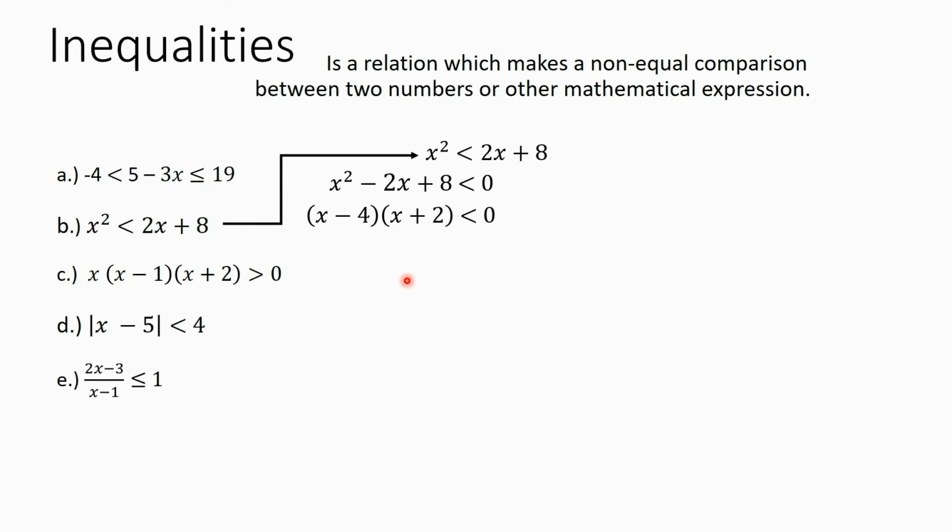So when you encounter this kind of problem, this is one tip I am going to advise. If we are going to transpose, the solutions or the roots will be 4 and negative 2. Since 4 is greater than negative 2, it will retain the symbol like this: x is less than 4.